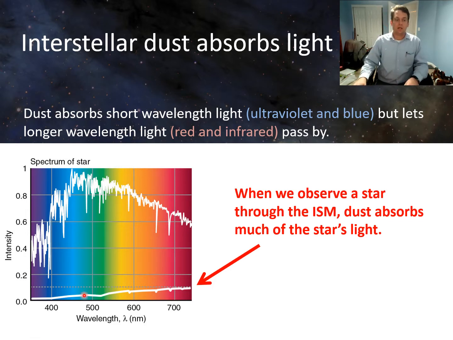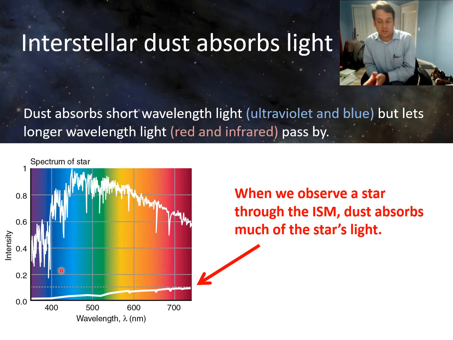Again, because if you're very close to us, relatively speaking, then there's so little interstellar medium to pass through that it doesn't make much of a difference. But if you look at a star that's far away, and you observe that through the interstellar medium, dust takes out so much of the star's light that the spectrum is much lower, so the intensity is much lower, because even plenty of the red light actually gets filtered out.